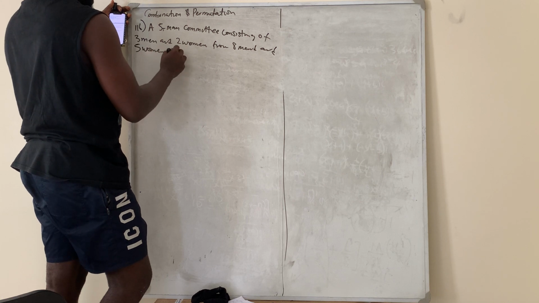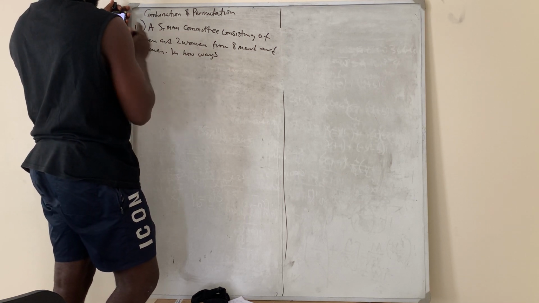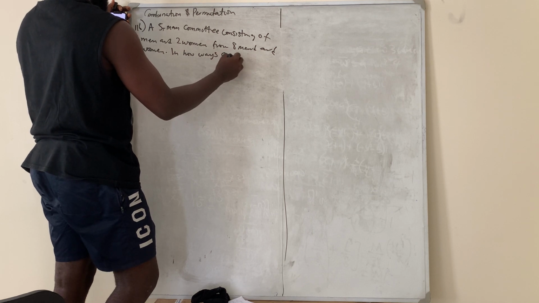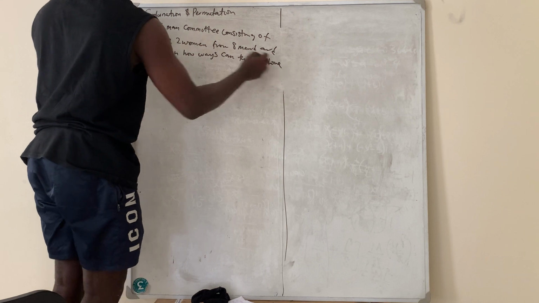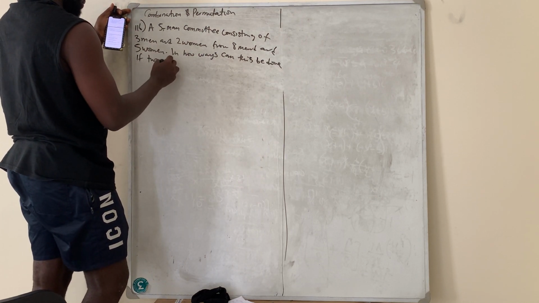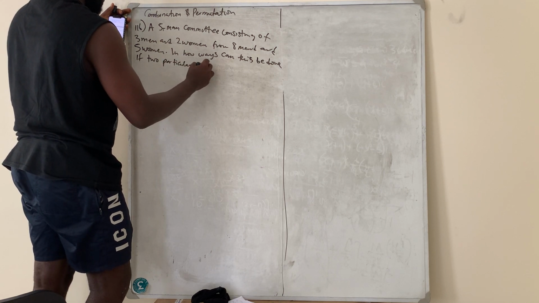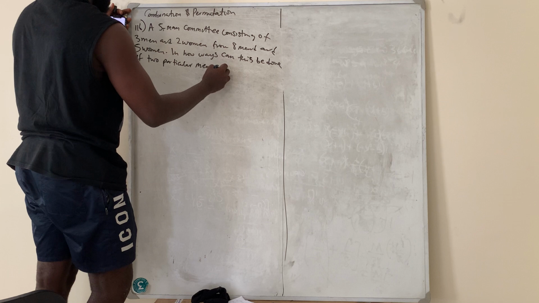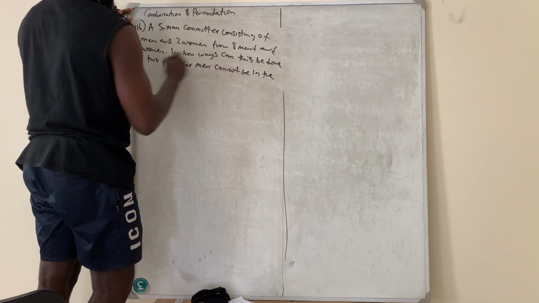Then I say, in how many ways can this be done? Look at the restriction now. If 2 particular men cannot be in the committee.